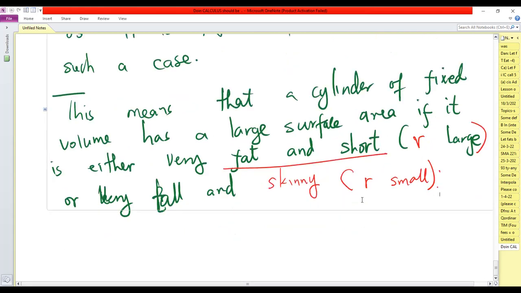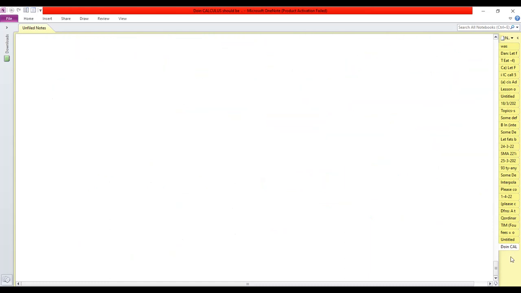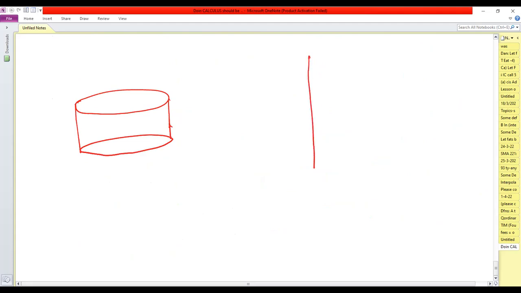So we can either have these scenarios or we can have these scenarios.